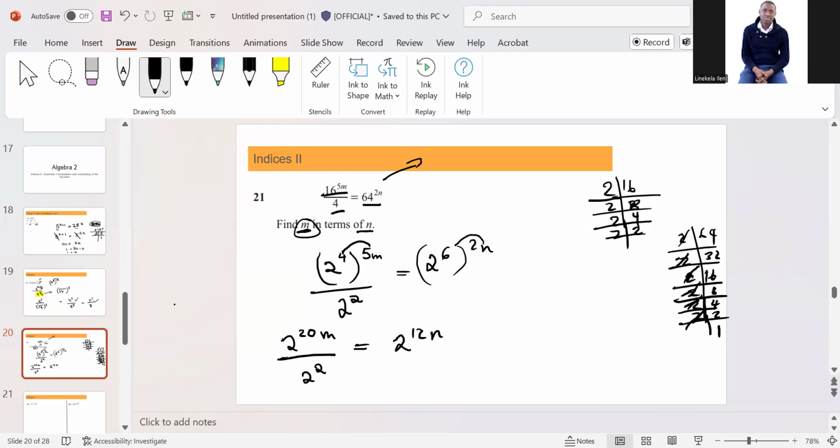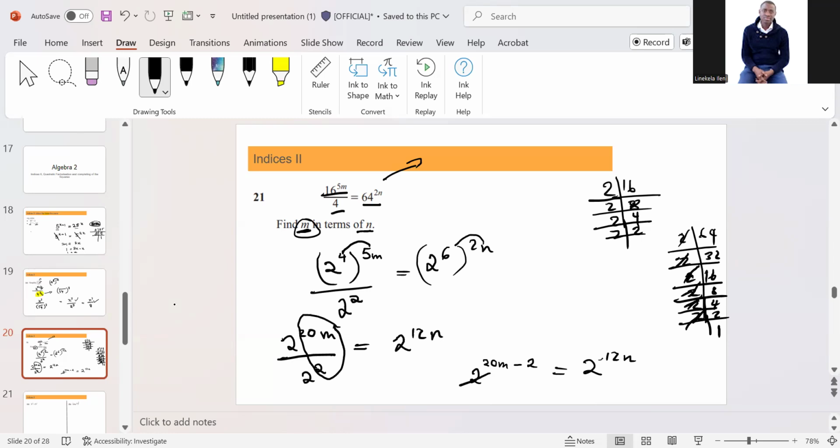So if I end up with something that's like this, now how do I simplify it? I mean, this is division. We know that with division, the base is the same, so we can just literally rewrite this, you just always subtract the exponents. So this can just be written as 2 to the power of 20m minus 2 equals 2 to the power of 12n, which we can see here now.